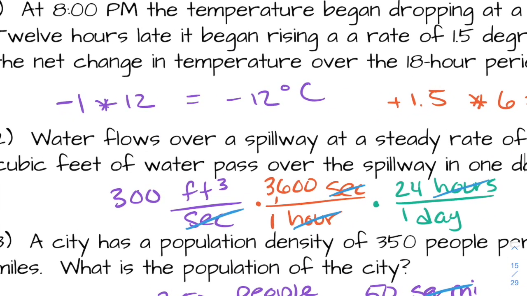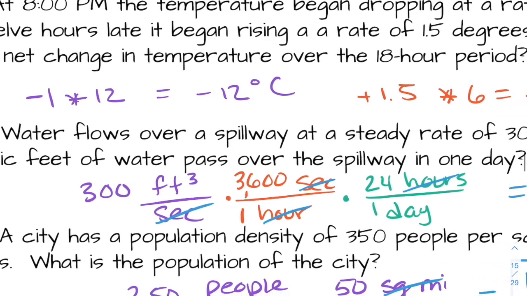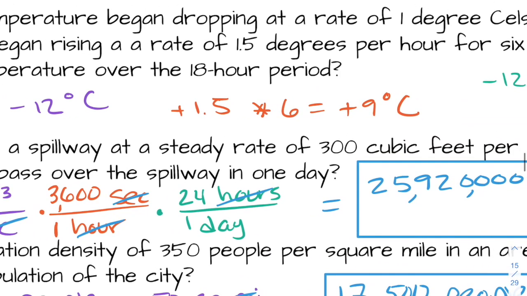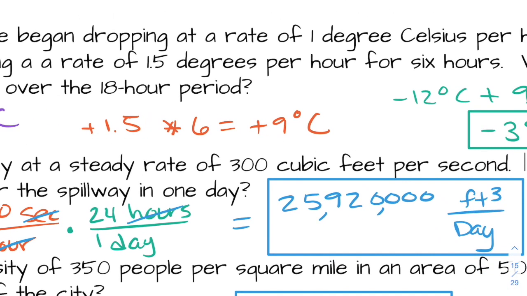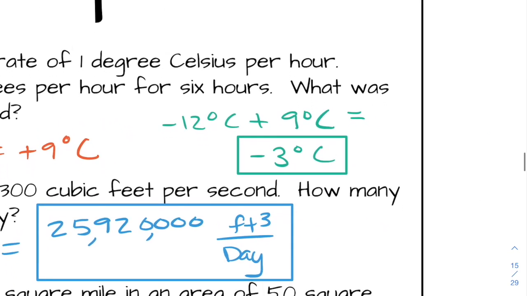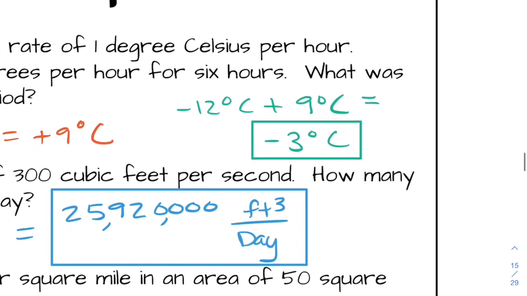So you see I did negative 1 degree Celsius times 12 to get negative 12 degrees Celsius. Then I did 1.5 degrees Celsius times 6. That's a positive 1.5, which is a positive 9. And I added those together to get my net change, which was negative 3 degrees Celsius.